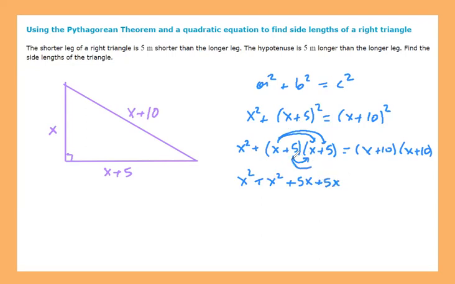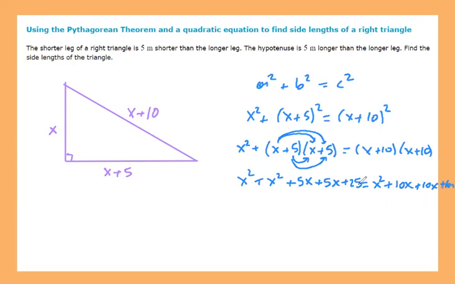And then 5 by 5, which is 25. And that's the left side. Then you do the same thing on the right: x by x is x squared, x by 10 is 10x, 10 by x is another 10x, and 10 by 10 is 100.